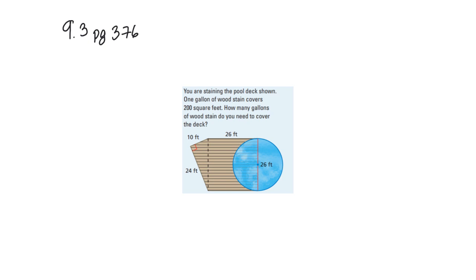So to figure out the area of the wooden part, let's look at the shapes we have here. Well, we know this is a triangle, so we can figure out the area of that triangle, right? And we'll add that to the area of this square, but we also need to subtract the area of this semicircle from that, right? So first, let's start by finding the area of the semicircle. So area of semicircle. And we know that that's going to be pi r squared divided by 2 because it's half of the circle.